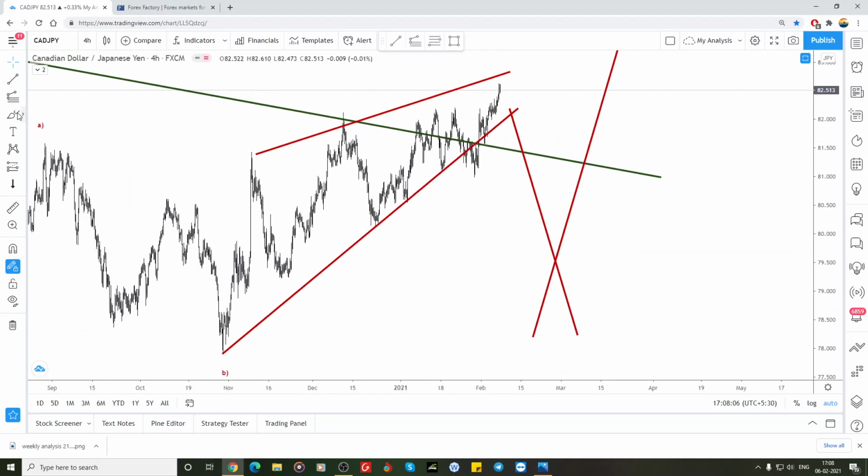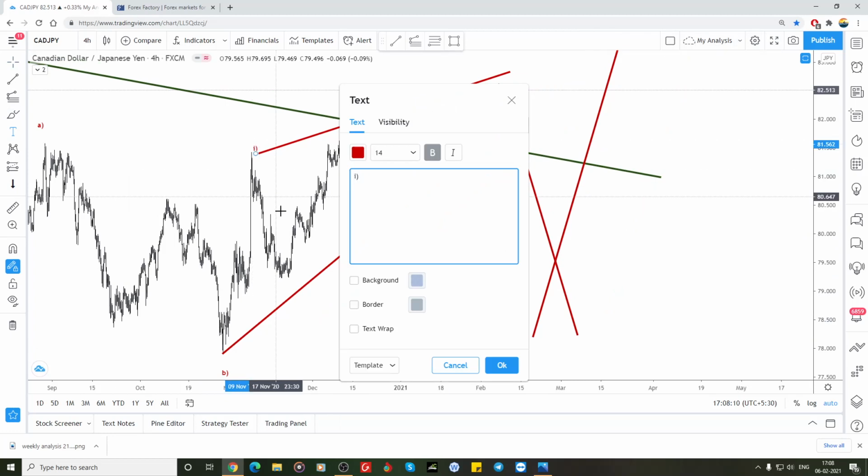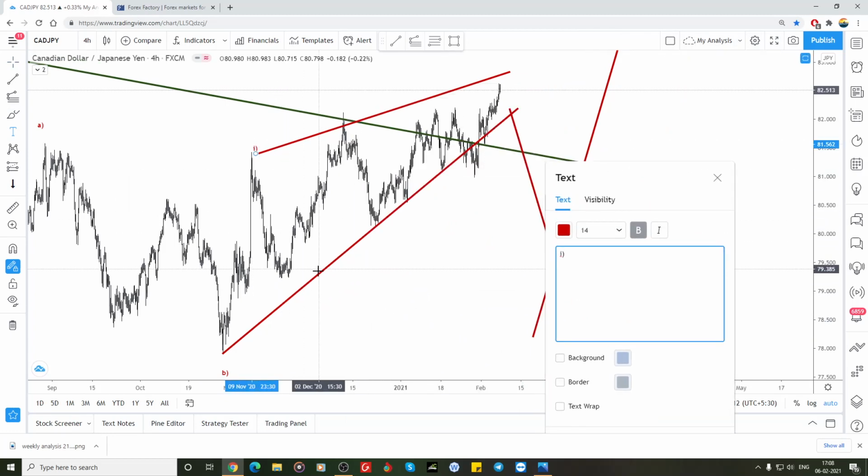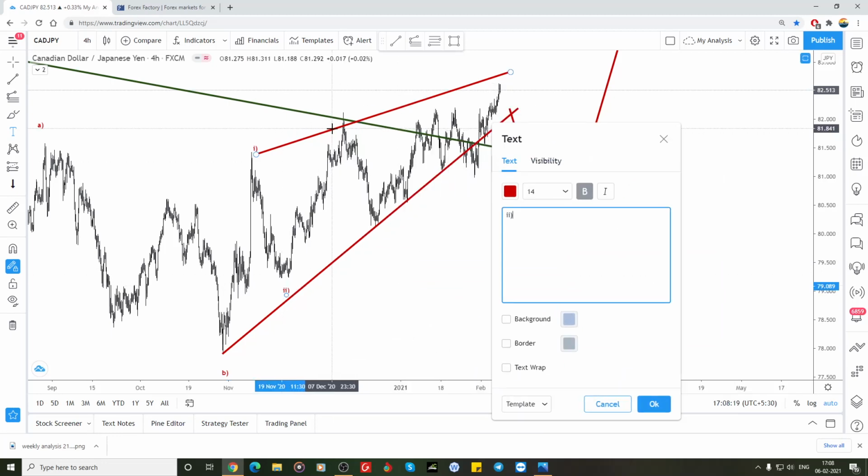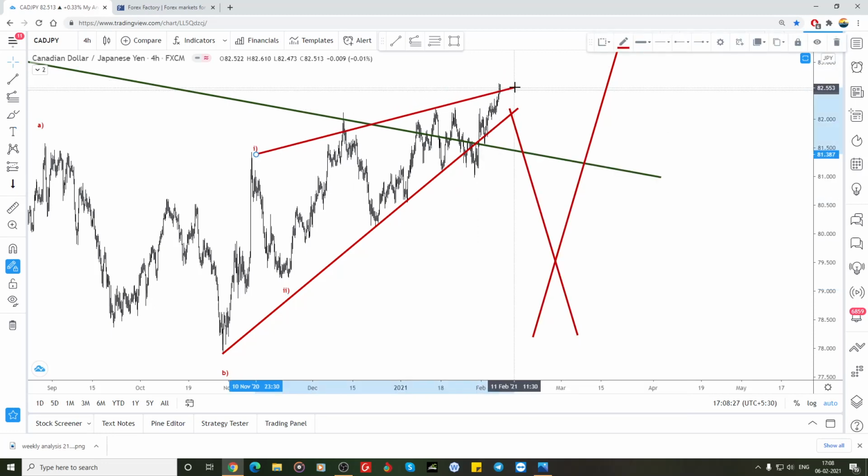So it's looking like ABC is a 1, like we can mark it as a 1. So whether this is a 2, so this is an A, so ABC, B, and this is C.